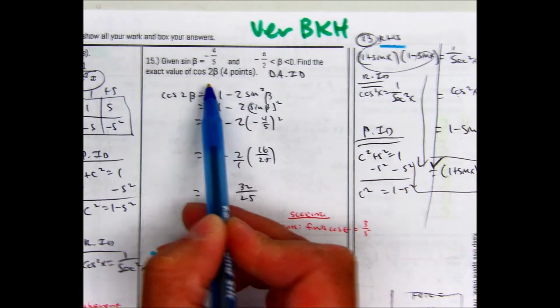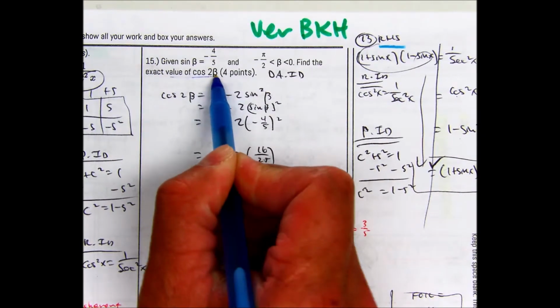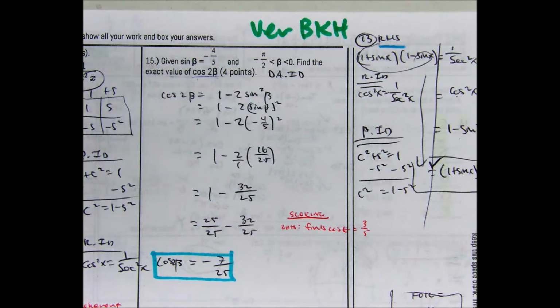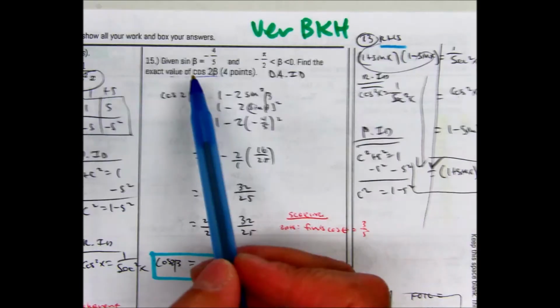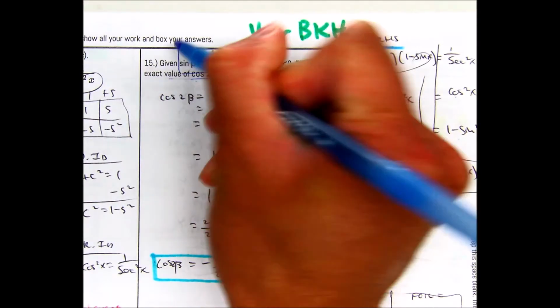What you should recognize is that you're trying to find the exact value of a double angle identity of cosine. Remember, there are 3 double angles for cosine. The question is, which of the 3 do you use? And the answer is, it does not matter, but one is more efficient than the other. For example, you're given sine of beta equals negative 4/5.